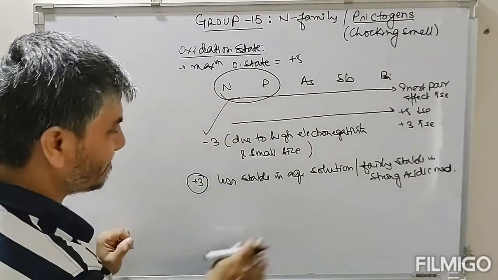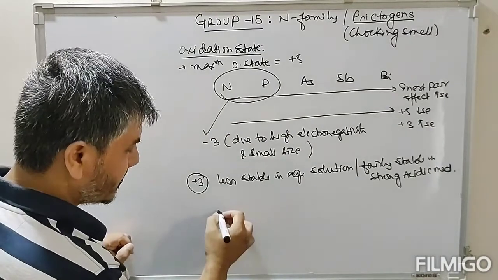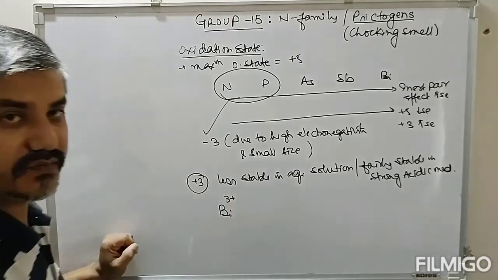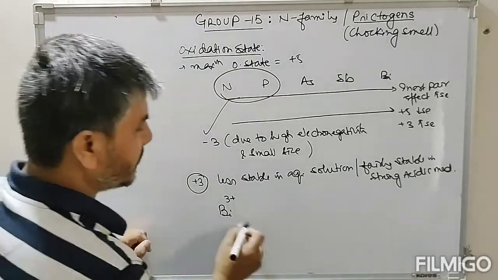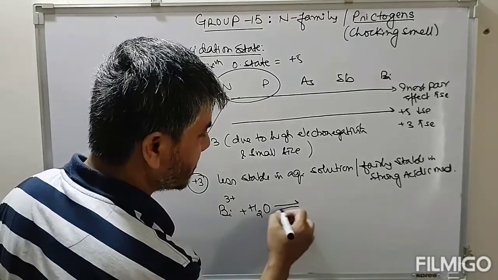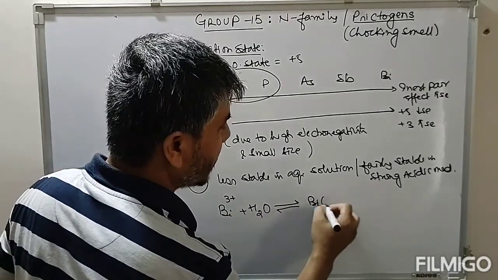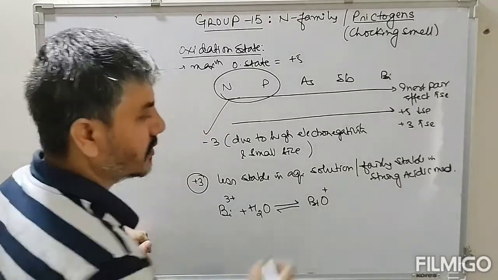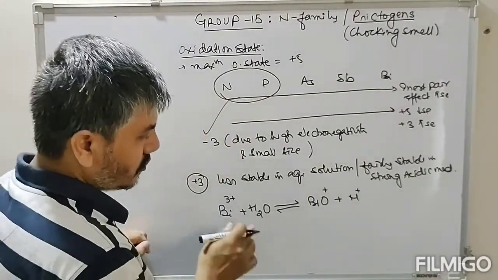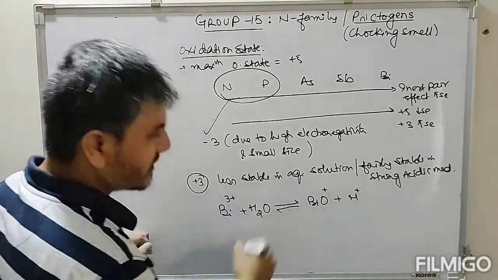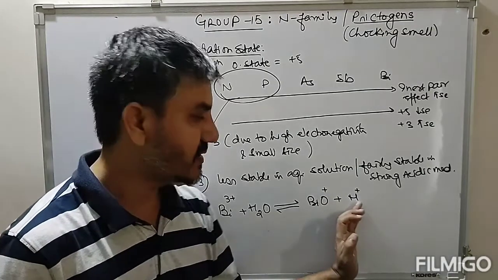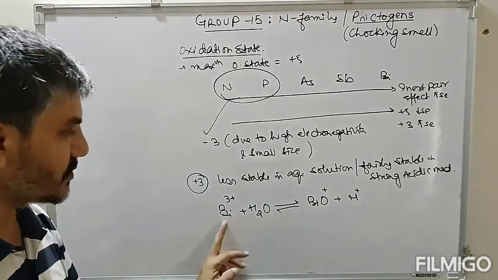So that means, take this, we have bismuth +3. When we dissolve bismuth +3 in water, it is immediately hydrolyzed and gives you bismuthyl ion plus H+ ion. In acidic medium, when this bismuthyl ion reacts with H+ ion, it reverts back to bismuth +3 and water.